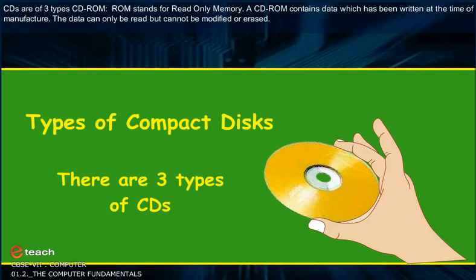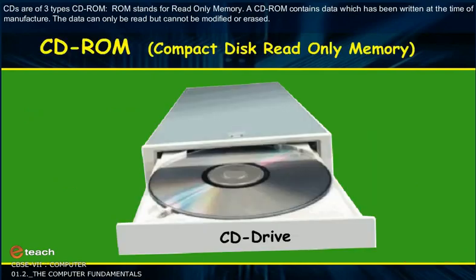CDs are of three types. 1. CD-ROM. ROM stands for read-only memory. A CD-ROM contains data which has been written at the time of manufacture. The data can only be read but cannot be modified or erased.